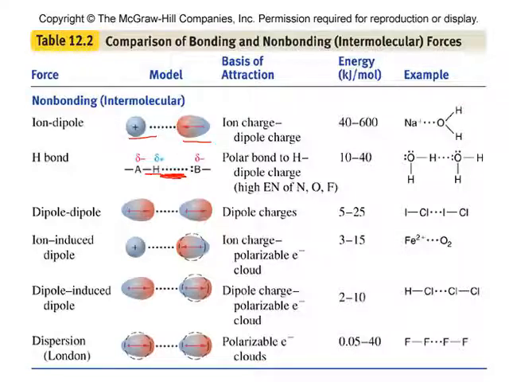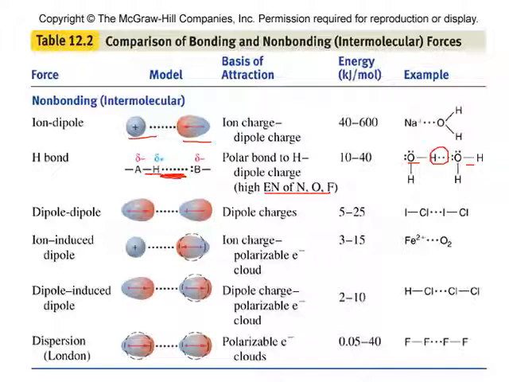This is according to the electronegativity of N, O, F. So this is the hydrogen bonding that exists, not here, but between hydrogen and oxygen. Normally it's not between hydrogen and others, but between hydrogen and nitrogen, hydrogen and oxygen, or hydrogen and fluorine.